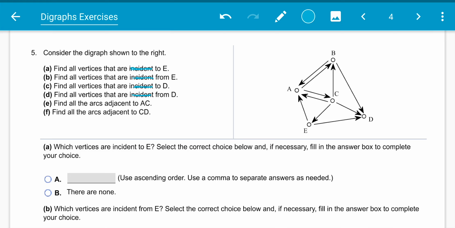So find the vertices that are to E. If we have E right here, what other arrows are pointing to E? This one right here is pointing towards E. So which vertice is incident to E? The incident to E is going to be C.